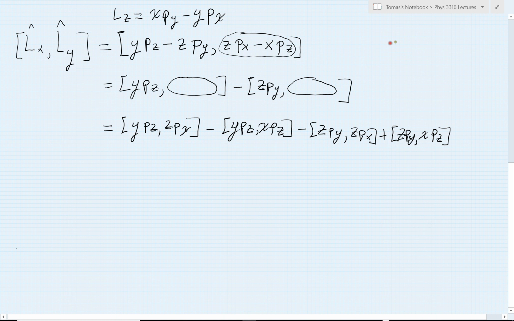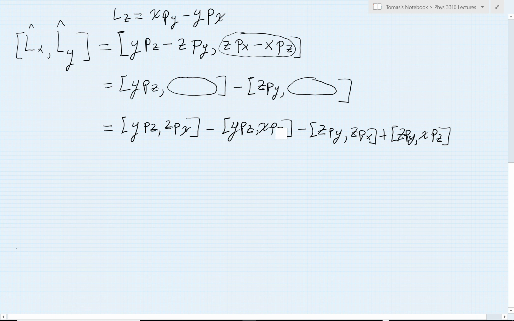Very good. So let's now consider the individual commutators. Some of these have a very interesting structure. For example, let's look at this first one. You will notice the interesting fact that each of these terms in here, all of them, commute with all of the others. These are all mutually commutative. For example, x and y are just multiplication by the corresponding coordinates, and x times y certainly equals y times x.